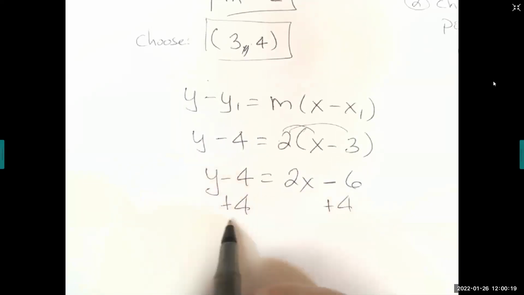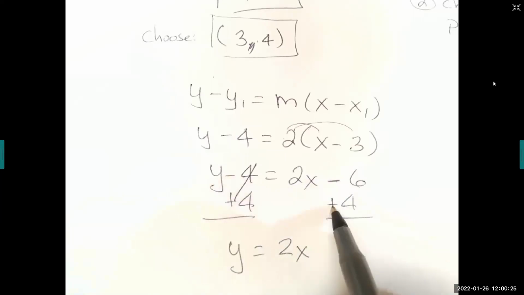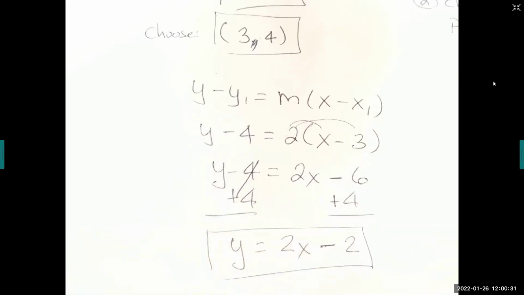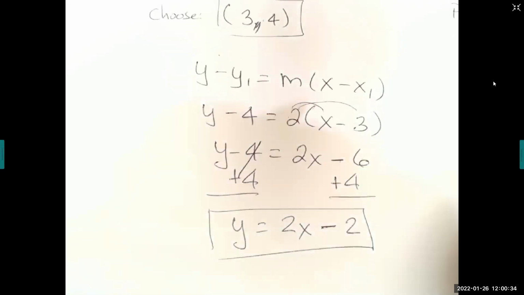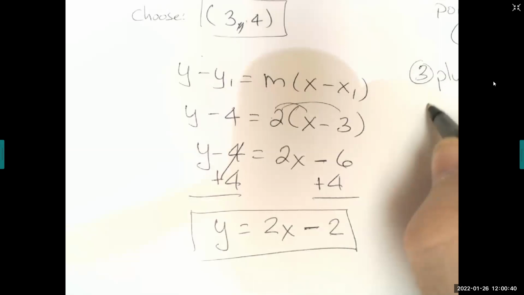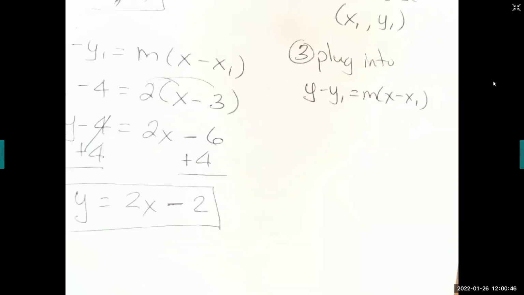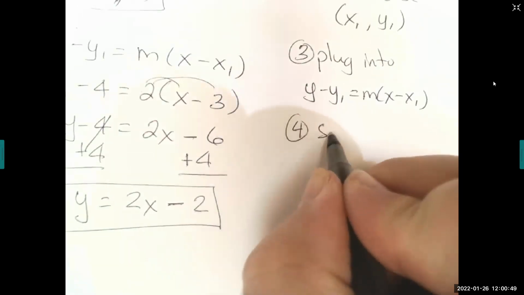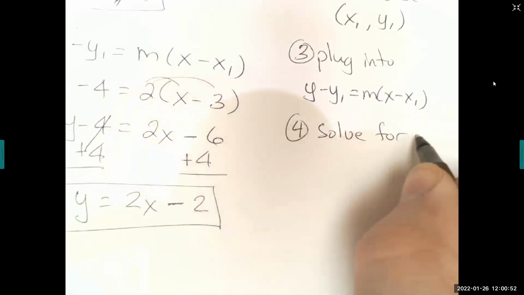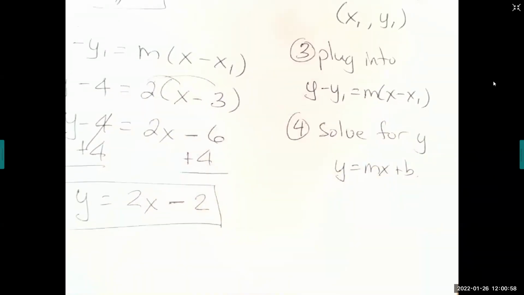Add 4 to both sides. Opposite signs, 6 is bigger, so it's negative. 6 minus 4 is 2. There. So that's one way. And you can never go wrong that way.